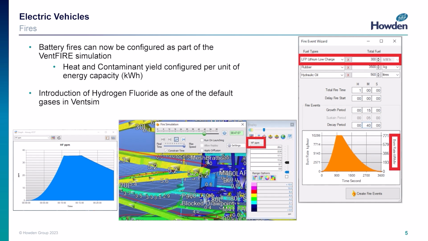So your battery can have a yield of hydrogen fluoride per unit of energy capacity. That means that if you set up such a fire for a battery vehicle and you run your fire simulation, you'll get hydrogen fluoride as one of the gases that you can inspect during your fire simulation.